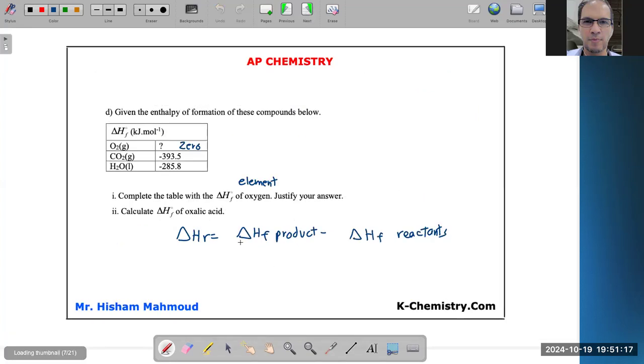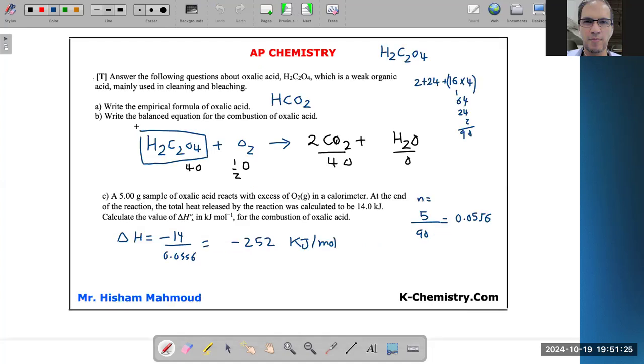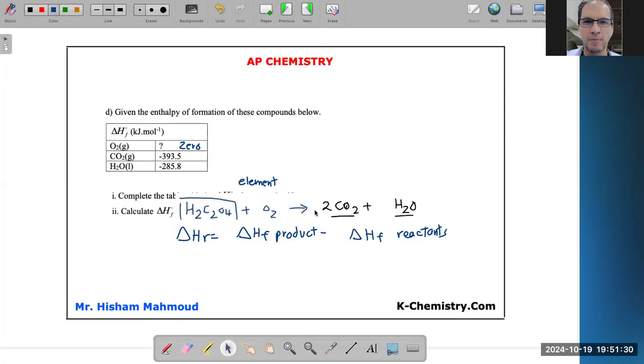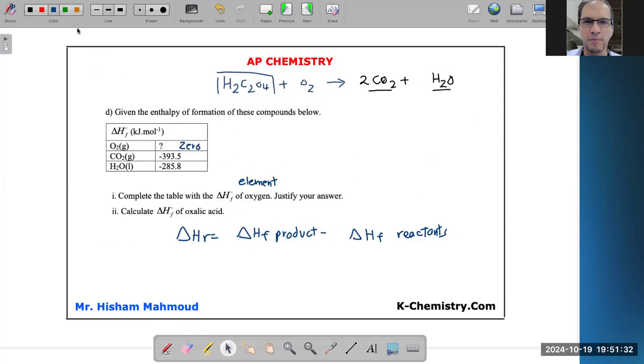Now delta HR equals delta HF products minus reactants. What are the products? Let's copy the equation here. This is our equation, right? Okay, Mariam, so what are the products and what are the reactants? For the products, you do negative 285.8 plus 2, multiplied by what? 2 times negative 393.5.